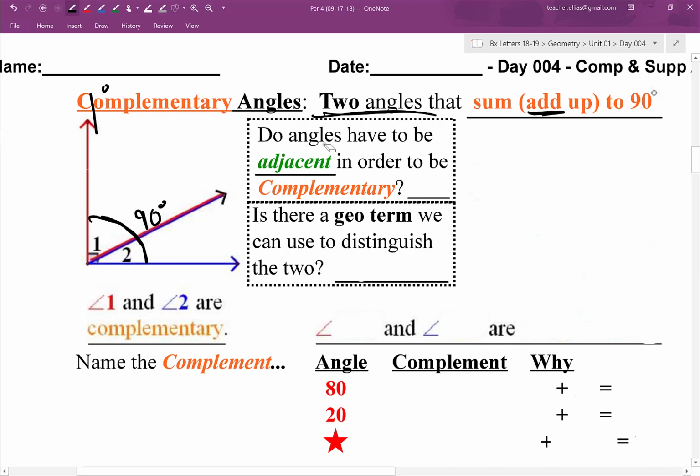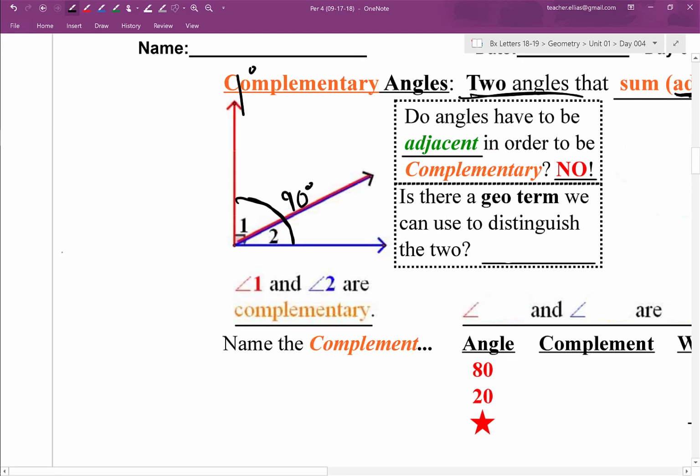Do angles have to be adjacent in order to be complementary? No, they definitely don't. So is there another way you could draw the picture? How could you draw it? You're absolutely right. I could draw it the opposite way.